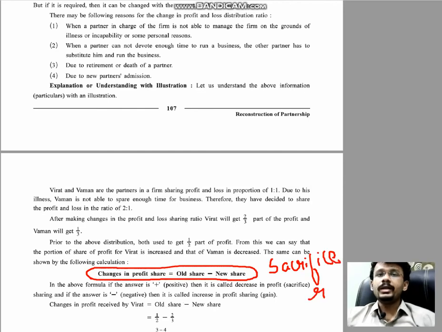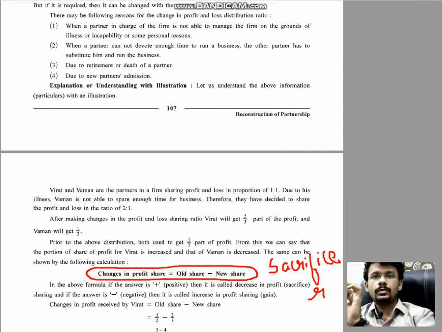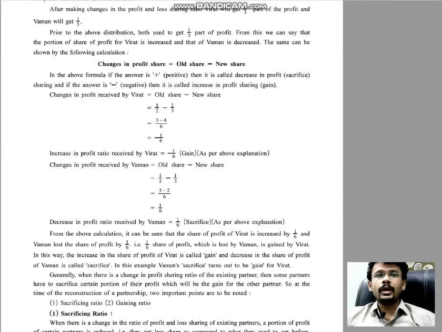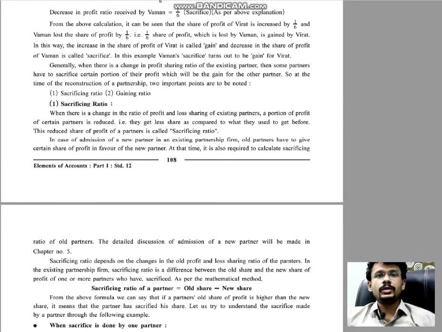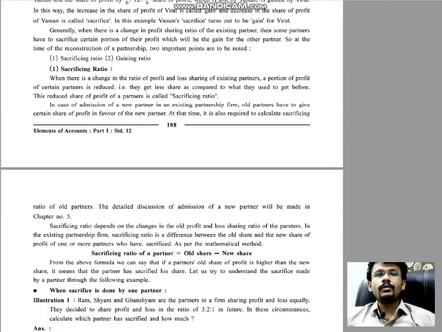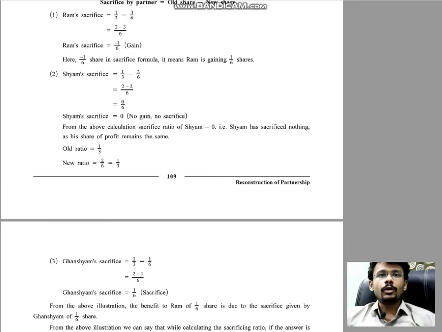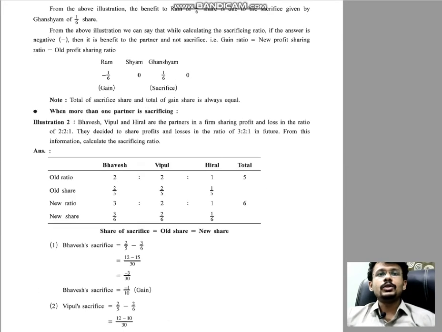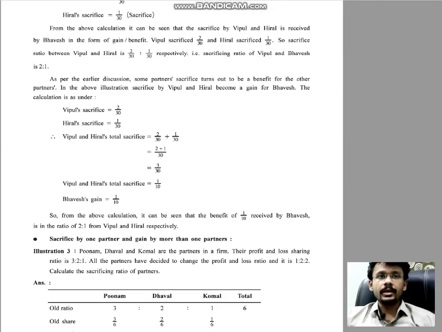The formula is old share minus new share. Old minus new is sacrifice. I would request everyone. And there is one more formula, and that is known as gain ratio.